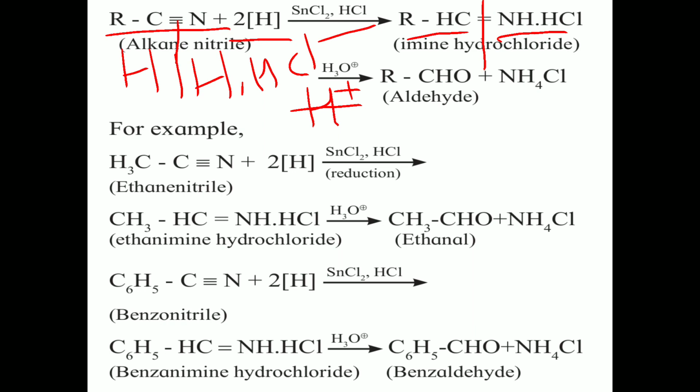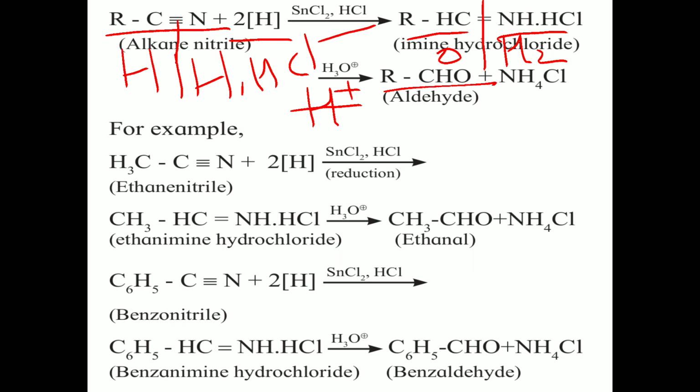Here there is the O and there is the H2, that means there is removal of the group and we get RCHO, that means aldehyde, and here we get NH4Cl. RCHO is the general formula for aldehyde and NH4Cl means ammonium chloride.